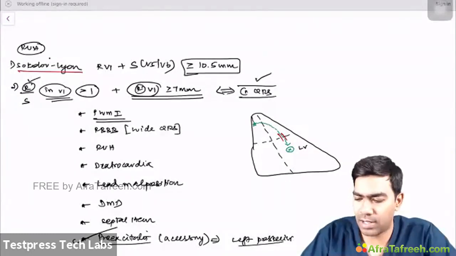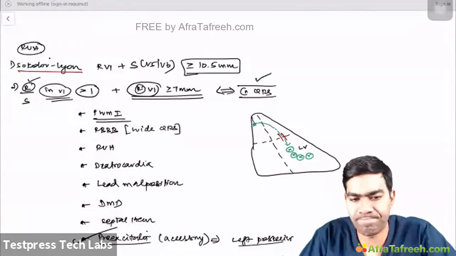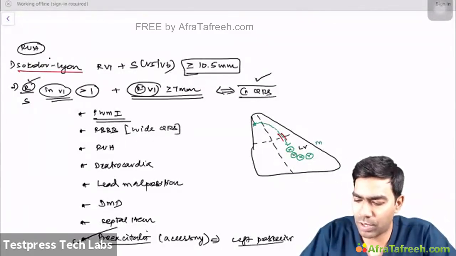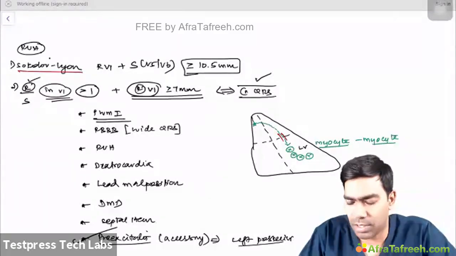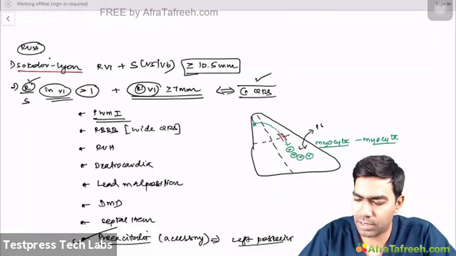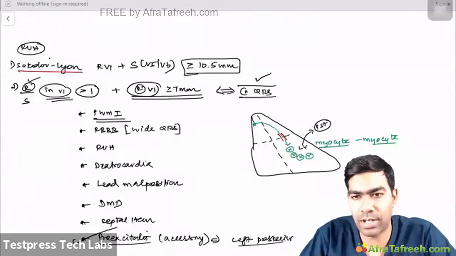Whenever you reach the ventricle through an accessory pathway, you are not conducting through the normal specialized conducting pathway. So of course, this is going to be myocyte to myocyte conduction. If you get myocyte to myocyte conduction, and the impulse originates first in the left ventricle, what is the pattern that you will get?